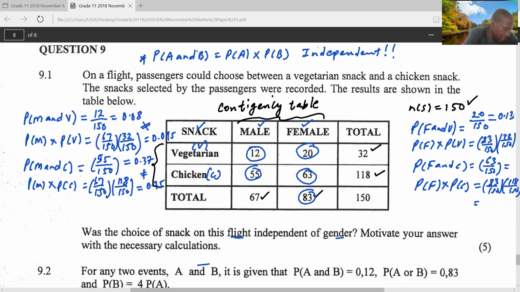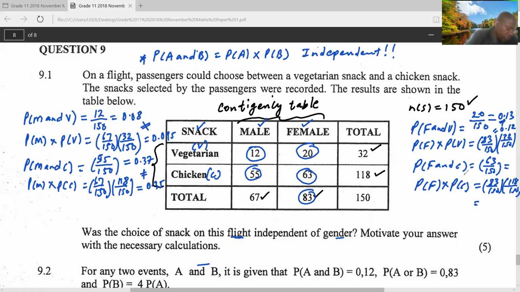Then 83 over 150 multiplied by 32 over 150 gives us a value of 0.12, which is still not the same as 0.13.